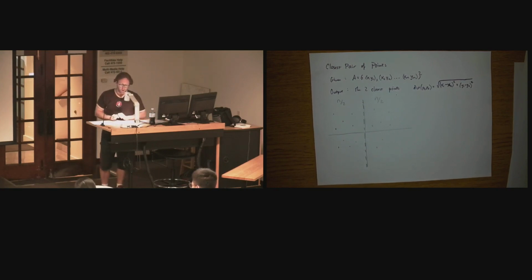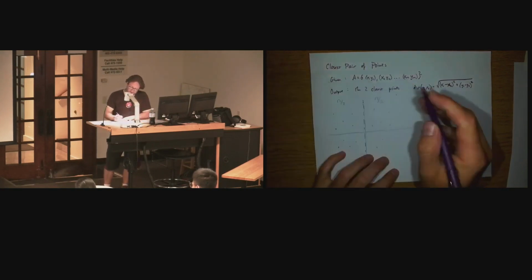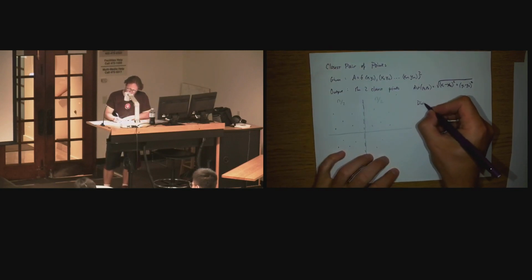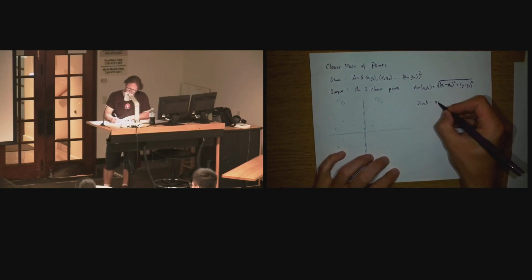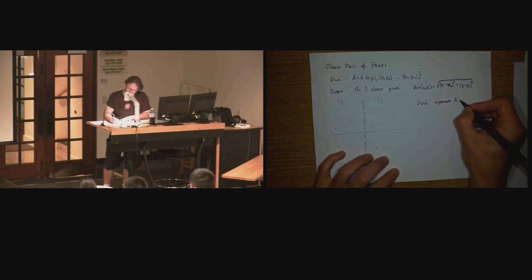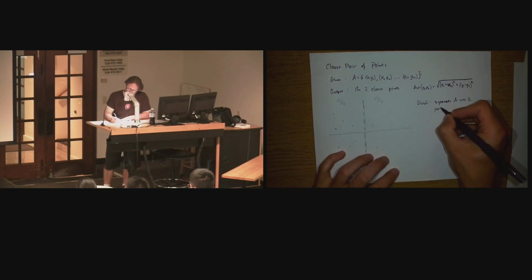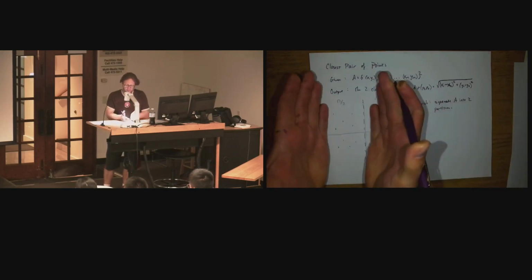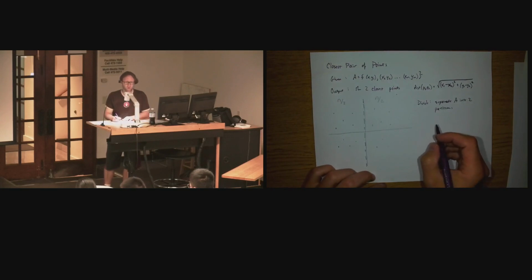Now the divide step here is to separate A into two partitions so that you have half the points over here and half the points over there.